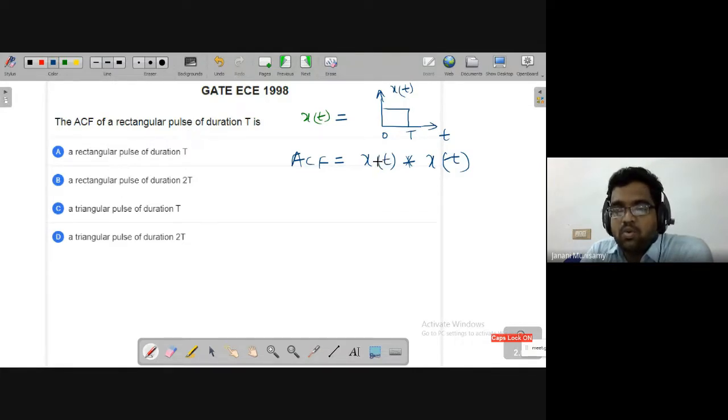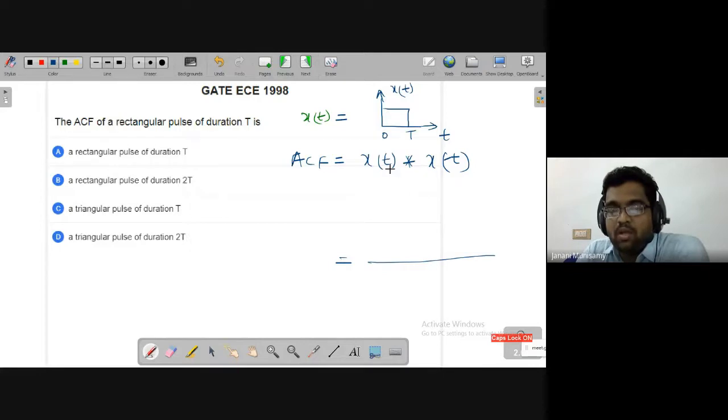First, you should know x of t, then x of minus t. Then you do the convolution operation. So finally, you'll get the answer. Here you should also know what the convolution value is. For a rectangular signal, if you do the convolution, that means both have equal value.